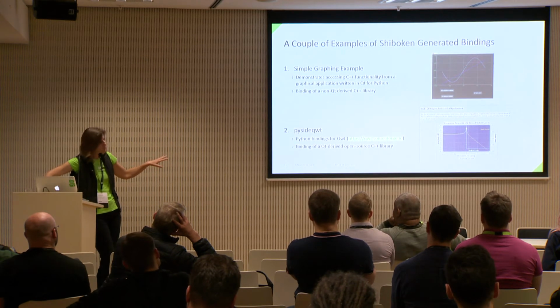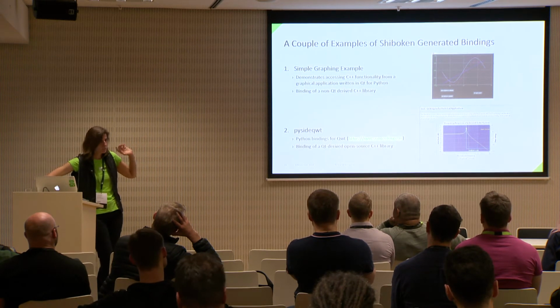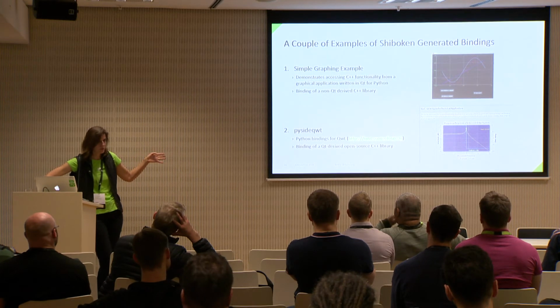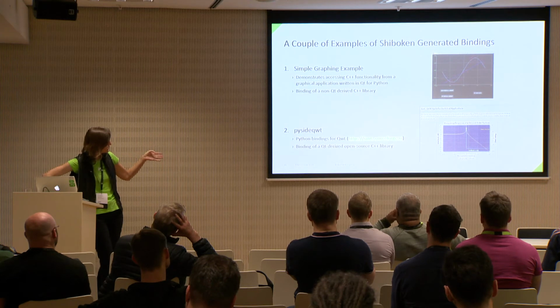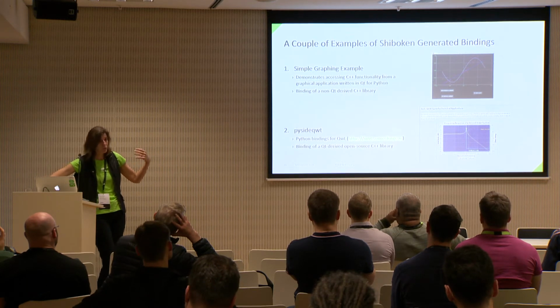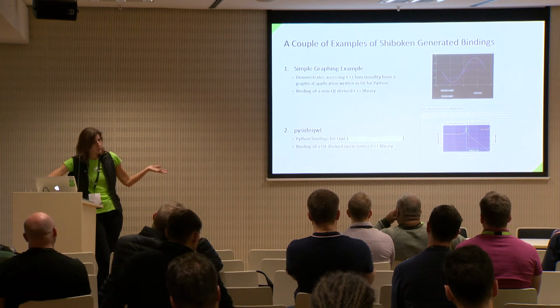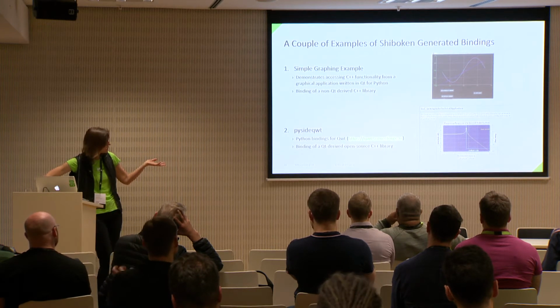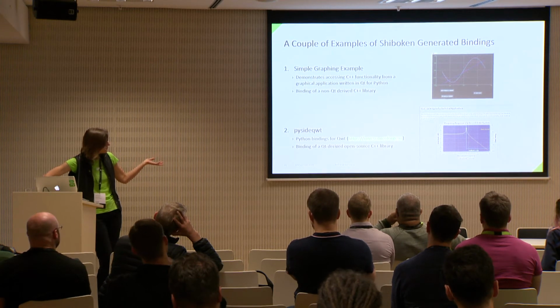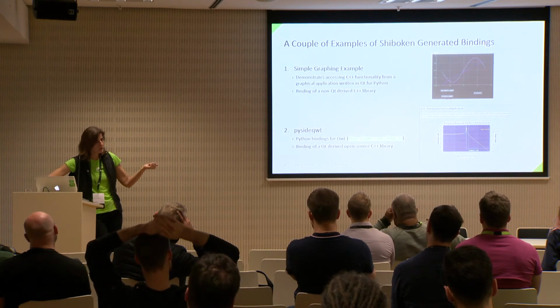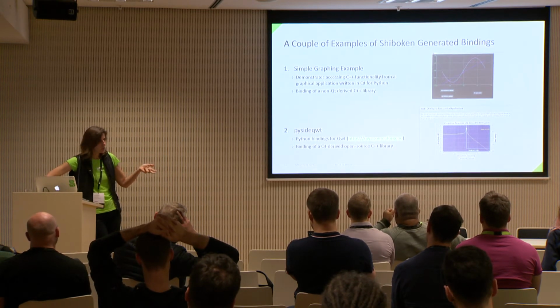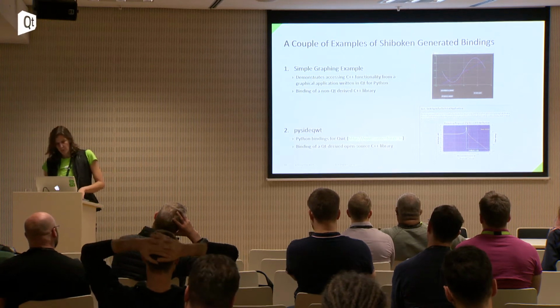The second example is a much more realistic one, which was produced by Qt Professional Services for a customer. That was the Python bindings for QWT, a pretty well-regarded scientific graphical library based on Qt widgets. We created a binding so that we could access QWT from our Qt for Python application.